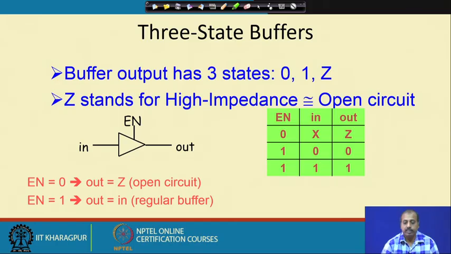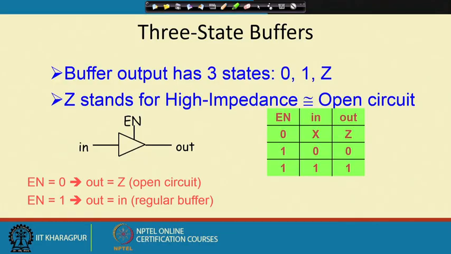These are also known as 3 state buffers. What happens when enable equals 0? When enable equals 1, the output gets the input. Buffers with an enable line have 3 output states: 0, 1 and Z. Z is known as the high impedance state or open circuit state, as if the circuit is open and not connected to any voltage source.